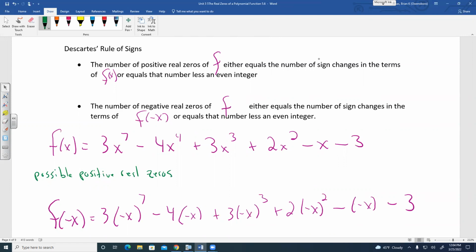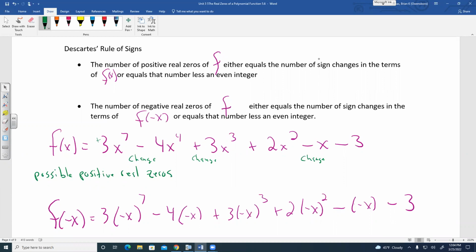Notice how it's positive right now, and now it's negative. That's one sign change. Now it's negative. It turned back to a positive. That's a change. It's positive. It's still a positive. That's no change. But now it's a negative. That's a change. And it stayed negative. That's no change.